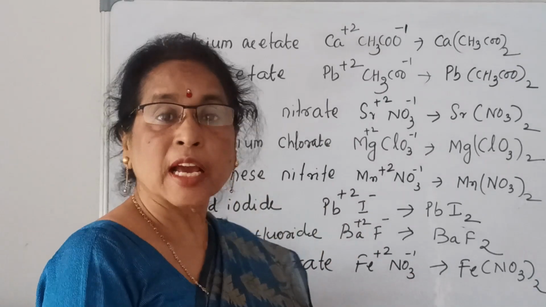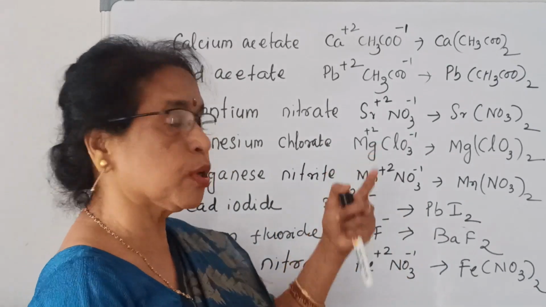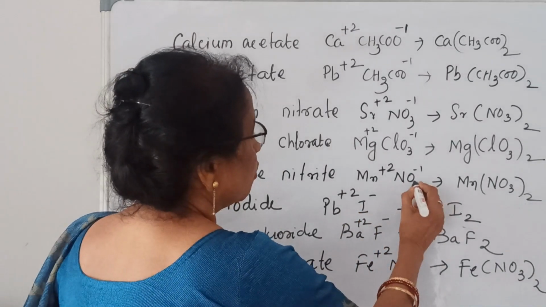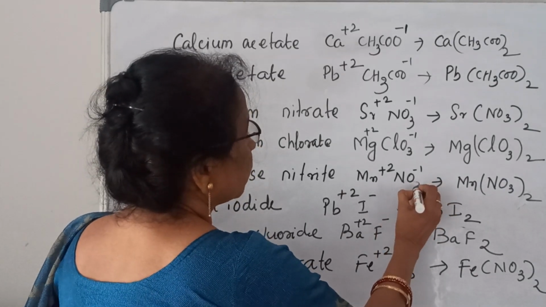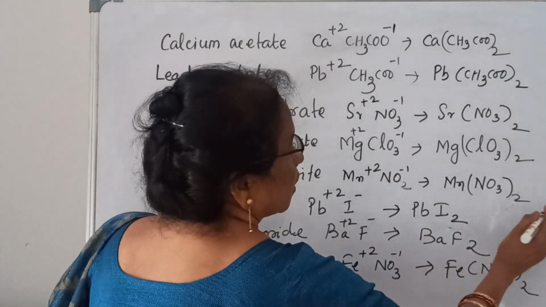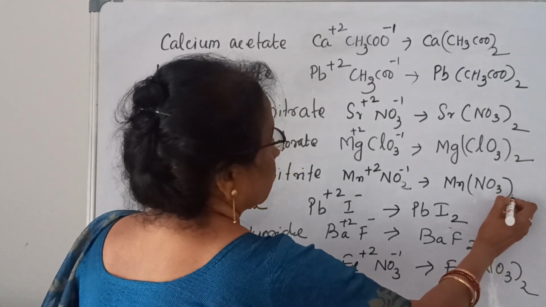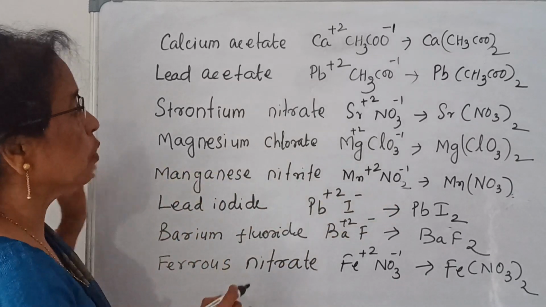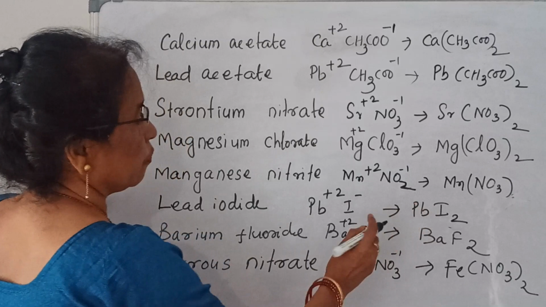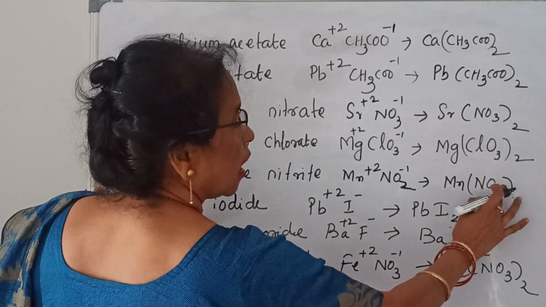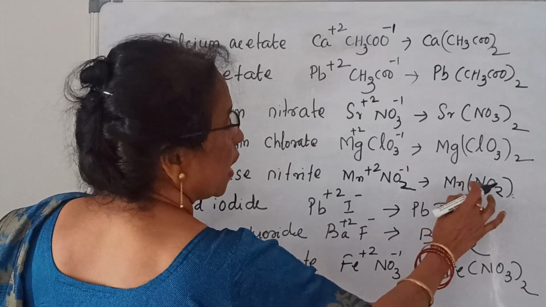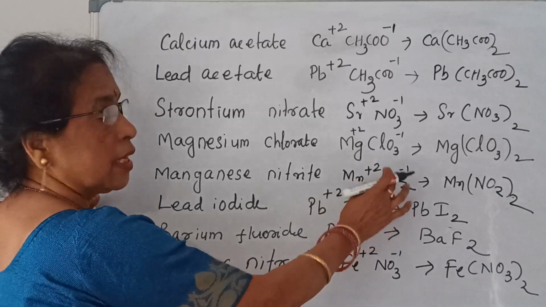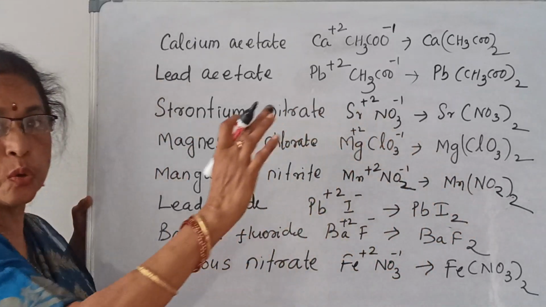Now manganese nitrite. Manganese is Mn plus 2. Nitrite means NO2 minus 1, so this should be 2. The formula is Mn(NO2)2.